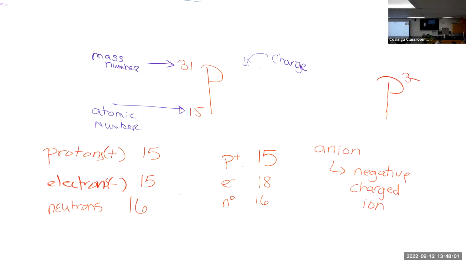Then we take the number we have for its atomic mass and round it to the nearest whole number. So what's the nearest whole number for the atomic mass of phosphorus? 31. So it just happens to be the exact same isotope. Does that make sense?